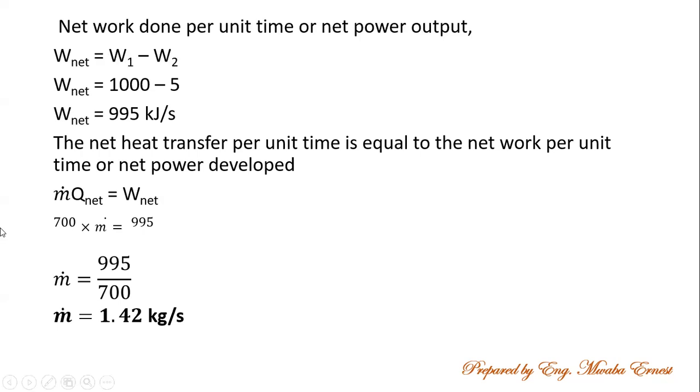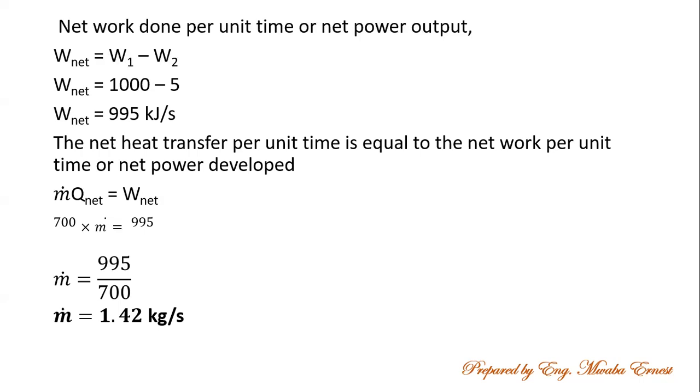Since we have our net work and our net heat, we make sure the net heat is converted to work done per second. This is why we multiply by the mass flow rate: if you multiply the mass flow rate by the heat per kg, you get the work done per second.